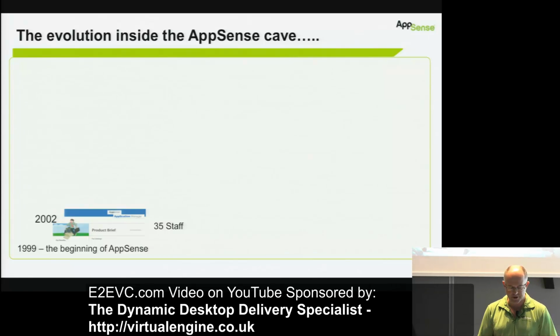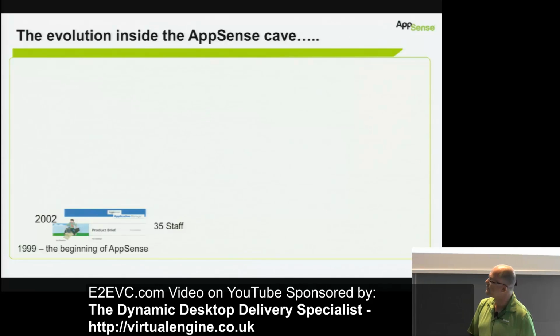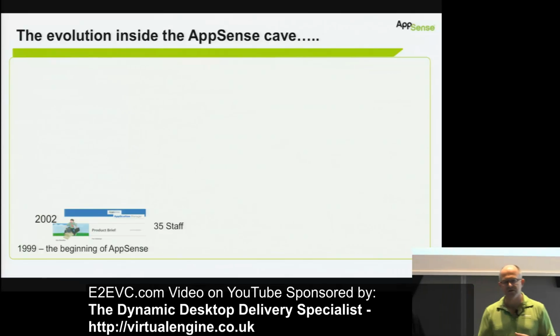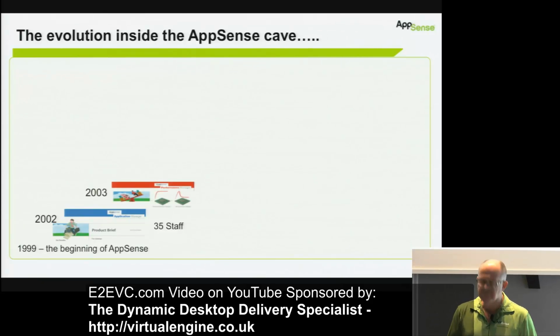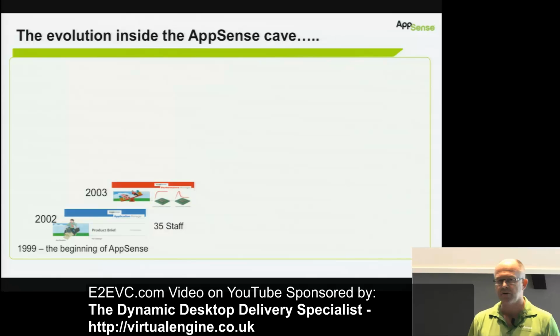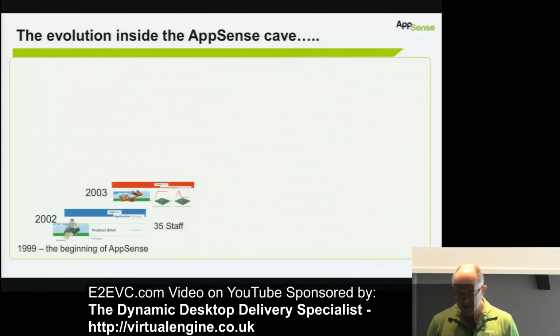The first products came to market around 2002, working closely with Citrix and trying to make products that complemented Citrix where Citrix were not quite perfect. In 2002 we launched the first product, Application Manager, which locked down the Citrix environment. At that time we were about 35 people in AppSense.